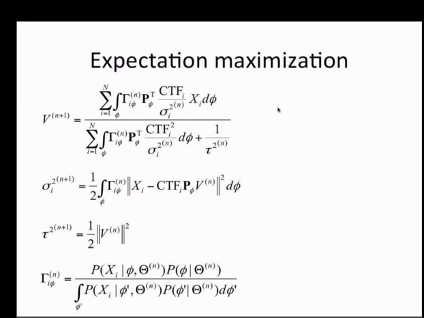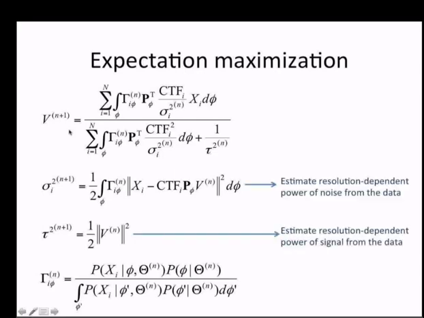We won't go through all the details, but I would like to discuss the main features of it. First of all, we will estimate the variance of the noise in the experimental images, again as a function of spatial frequency, directly from the data itself. And it's actually doing that by taking square differences between the experimental images and the reference: you subtract the CTF-affected projections of the reference in the right orientations from them, and you look at the power of the differences.